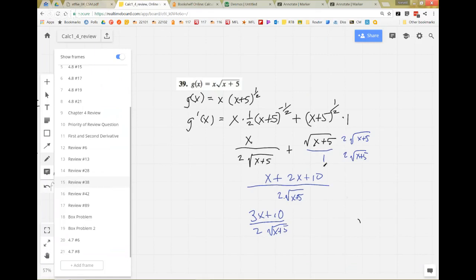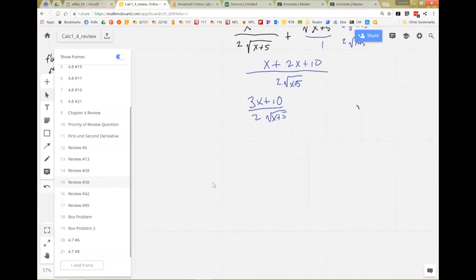Okay, now it's time to take the second derivative. Let's rewrite. Equals 3x plus 10 times 1/2 times x plus 5 to the 1/2. Okay, so ready for the second derivative.